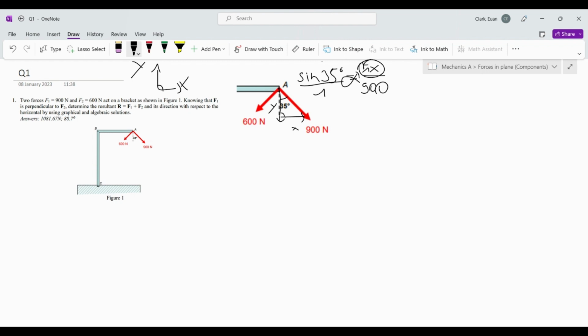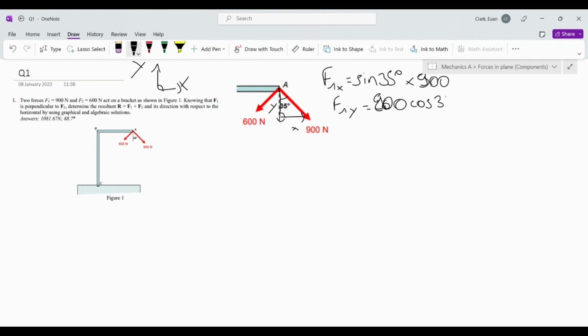Using this rule, we can simplify the expressions, so F1x is sine 35 degrees multiplied by 900, and F1y is simply 900 cosine 35 degrees. So far so good.